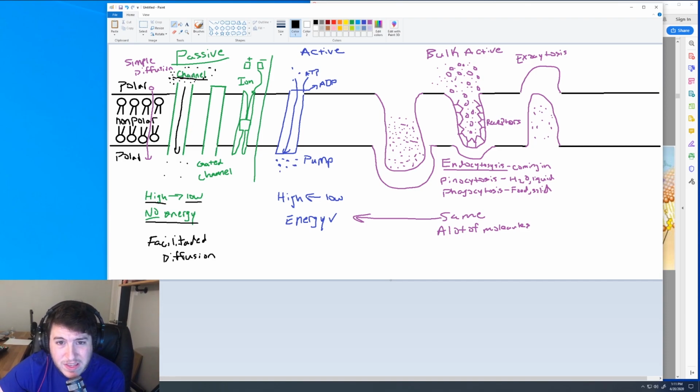Okay. Now, a channel like this is just an open channel, so it's essentially like a tunnel on a road. Anything can drive through it so long as it can fit in the actual tunnel. But then we have these things that are called gated channels. It's kind of hard to tell, but I tried to draw a lid on the channel, meaning that this isn't open all the time, right? There's a lid on it, and in order to pass through, you have to open the lid.